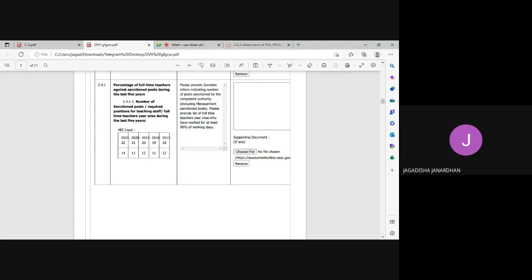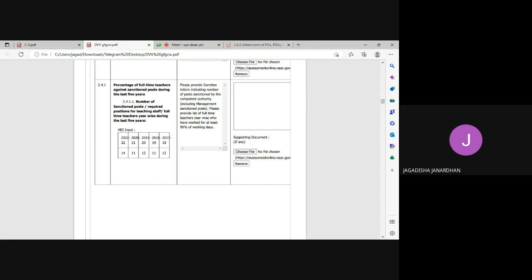Please provide the list of full-time teachers year-wise who have worked for at least 90% of the working days. And few institutions will be there where a teacher will be appointed in the May month. The actual academic year stands from the 1st June to 31st May. If a teacher is available on 31st May, we will be counting that person.